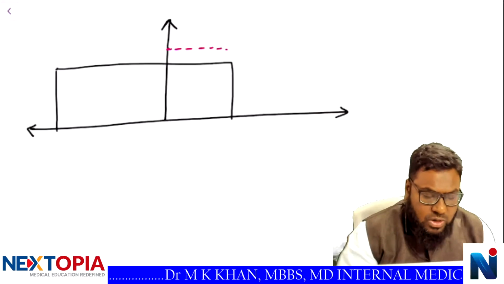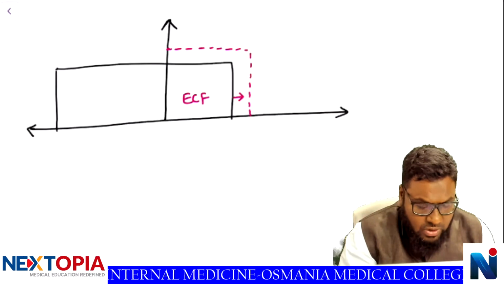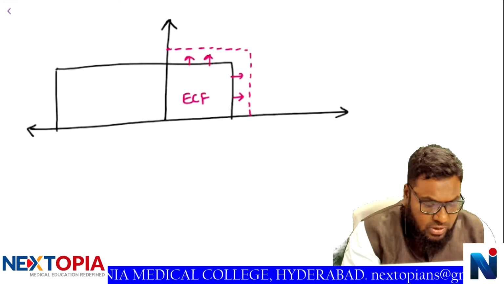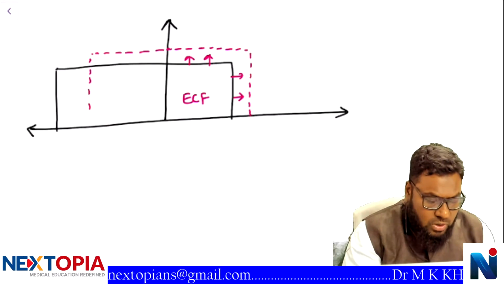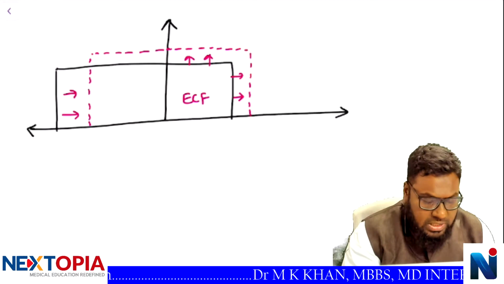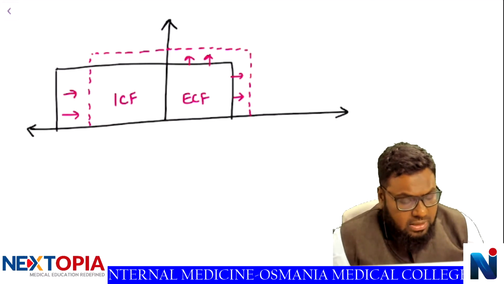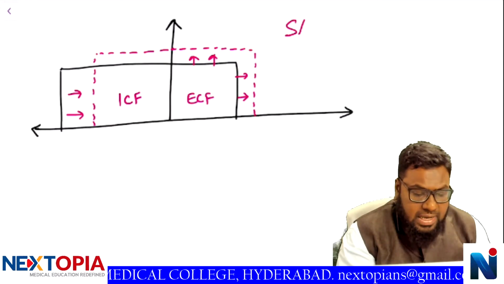So extracellular fluid volume has increased and also concentration has increased. At the same time, intracellular concentration of solute also increases, but the intracellular volume gets depleted. So ICF is losing water, ECF is gaining water. This is seen in salt intake.